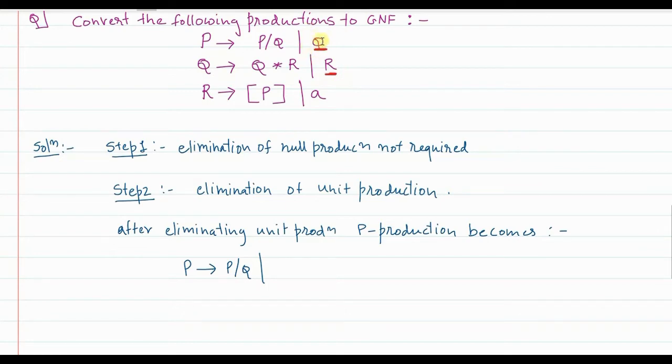So in place of Q, I will replace the Q production's right hand side, so that this Q is eliminated and the Q production's right hand side is replaced. Now what is there on the right hand side of the Q production? It is Q into R or R. So I will be replacing Q by Q into R or R. So this is nothing but the Q value.